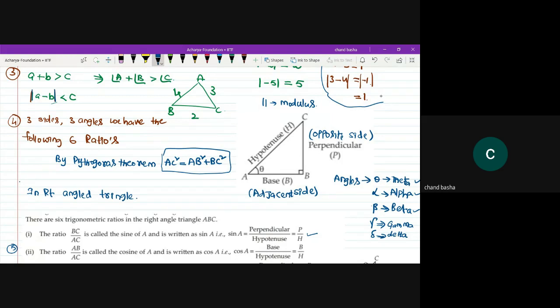And for our convenience, we can call it the opposite side or perpendicular to angle A, and it is denoted by theta. This is the symbol theta, alpha, read as beta, read as gamma, read as delta. These are the different notations for representing an angle.